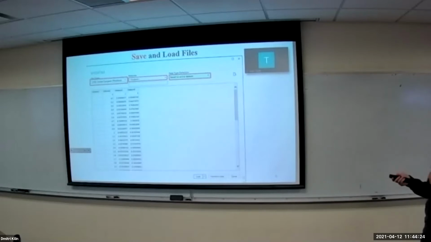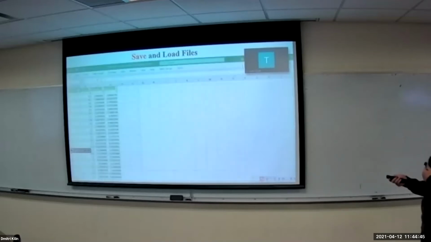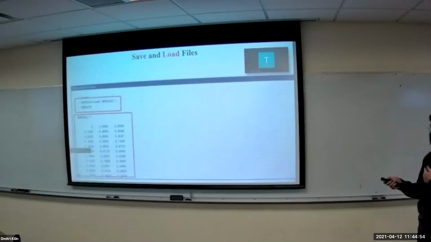For the file origin, we choose Central European Windows. For the delimiter, we choose Custom, and for the data type detection, we choose Based on Entire Data Set. Then we load the data. So the data will be transformed into Excel, and then we save the Excel.